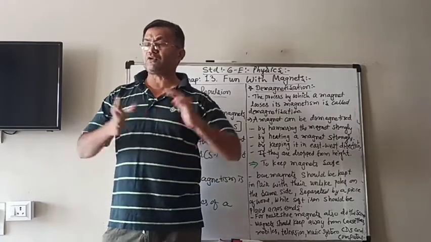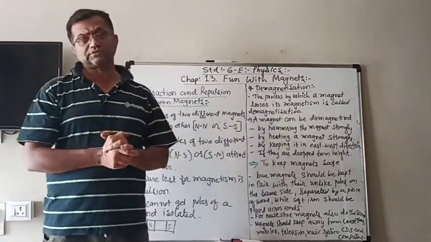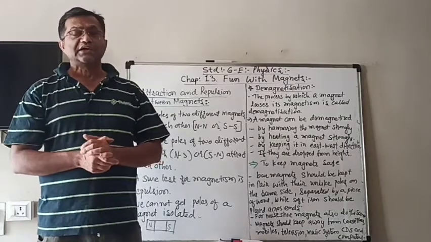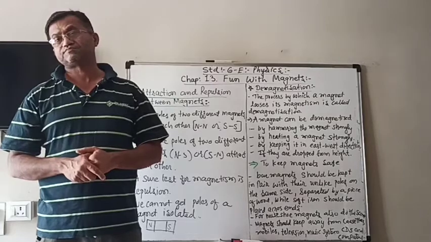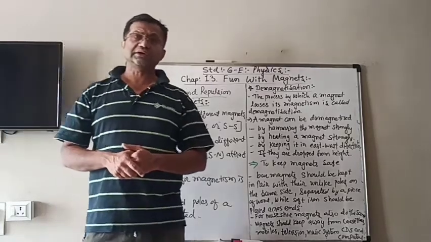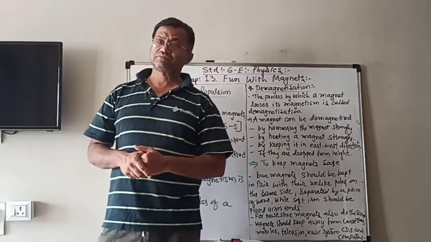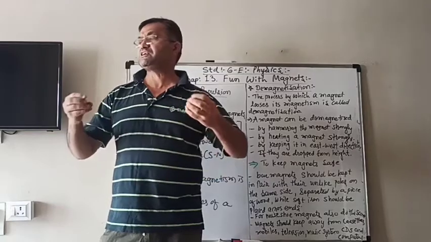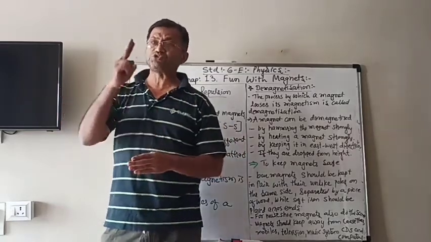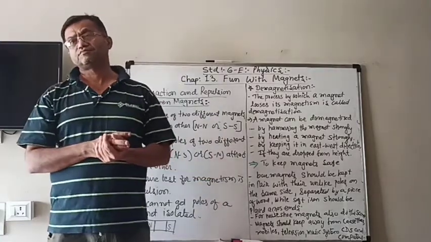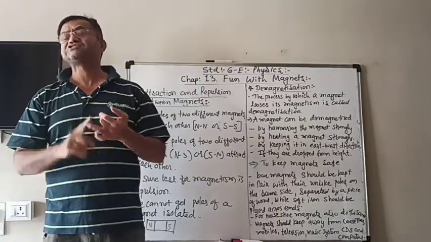Now we are going to learn today about the interaction between two magnets. We know that magnets, no matter which shape, every magnet has two poles, north pole and south pole.